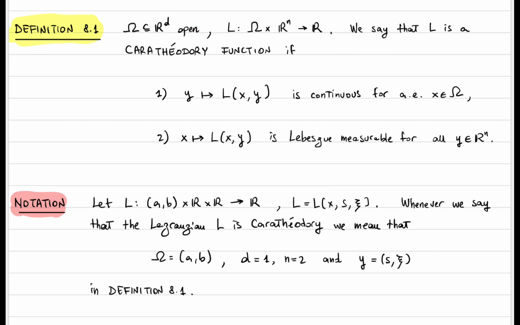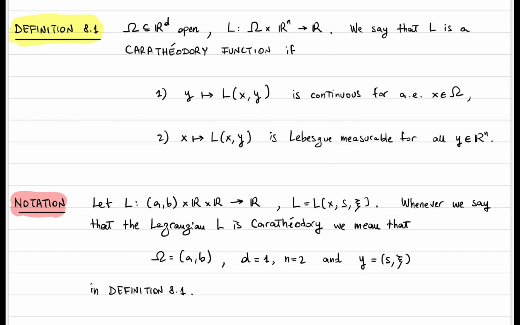And instead, d is equal to 1, sorry, in this case, and n is equal to 2. So this one would be R times R. And also the variable here in R2 is just the variable s, psi.